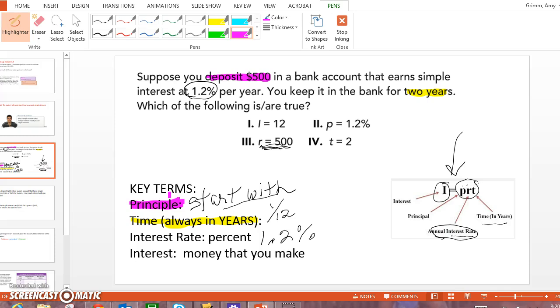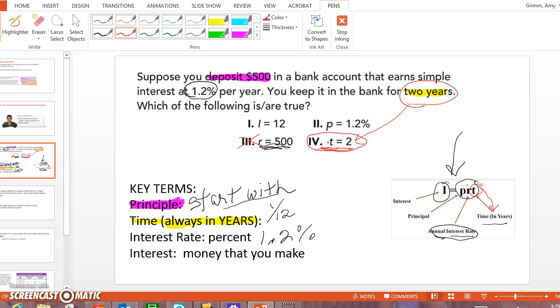That's my principal. So that does not make sense. Okay, let's say that I look at this one. This one says T equals 2. So that's saying right here, T equals time, and this said 2 years. That would be 2, so that one would be true.